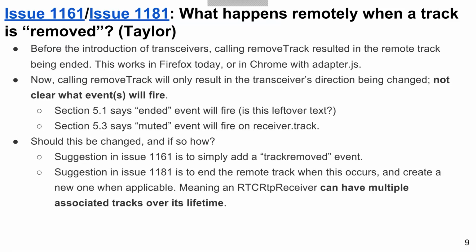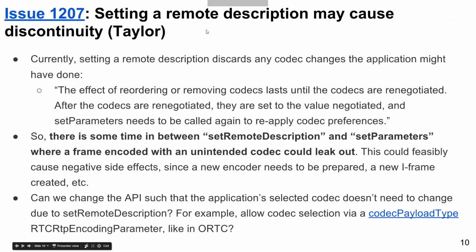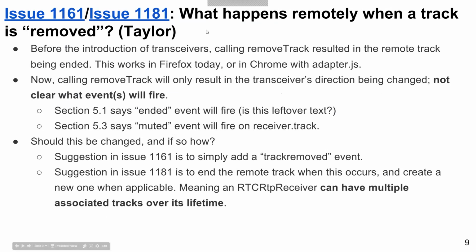But with the introduction of transceivers and early media and the last major pivot to the API, this doesn't occur anymore because a remotely received track basically corresponds to everything received from a specific RTP sender, which could be multiple tracks on the sender side. And if you remove a track on the sender side, media can still be received later, so it doesn't end the track on the receiver side anymore, or remove it.